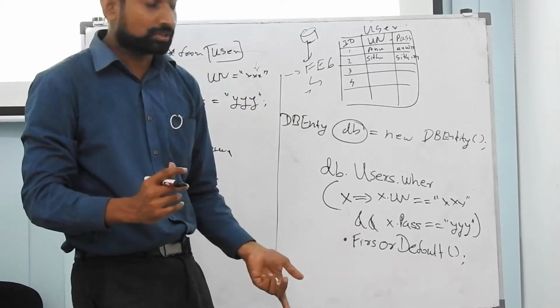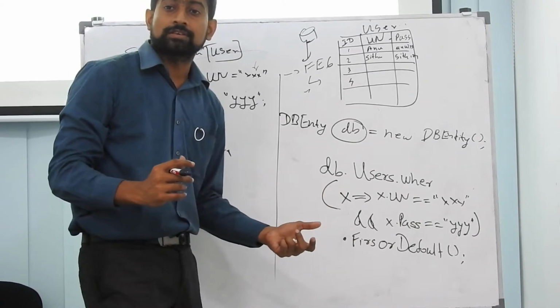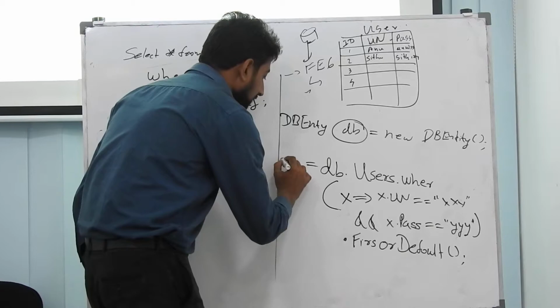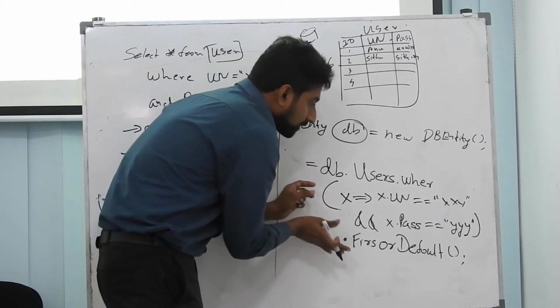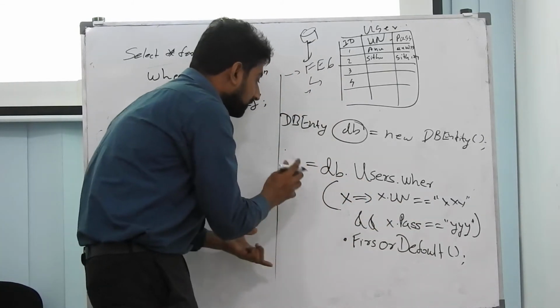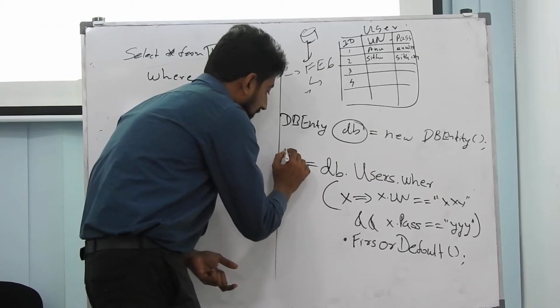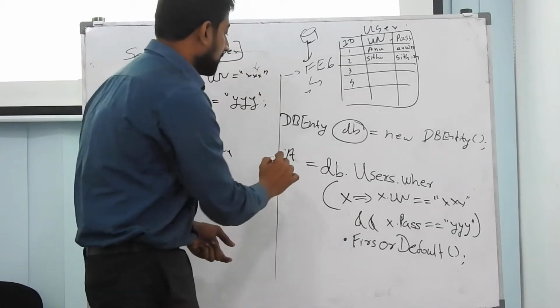If you don't have the data, you should get the value as null. When you execute this command, you get a result and store it in this A variable.